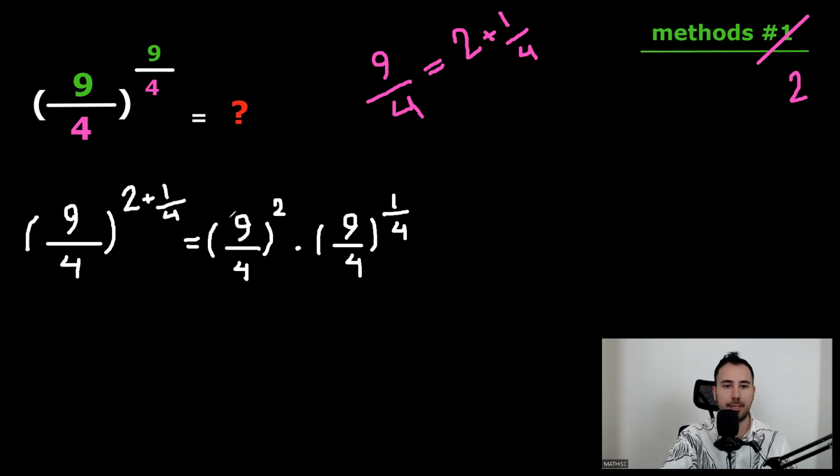So the left-hand side here would be 81 over 16. This part will be multiplied by 9 to the power of 1 over 4, 4 to the power of 1 over 4. Like the previous one, I could write 9 as 3 to the power of 2. This one, 2 to the power of 2, right?